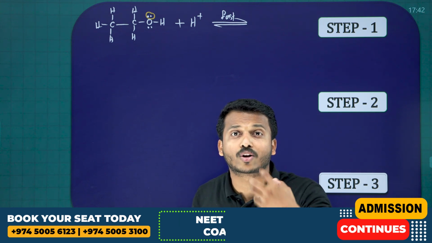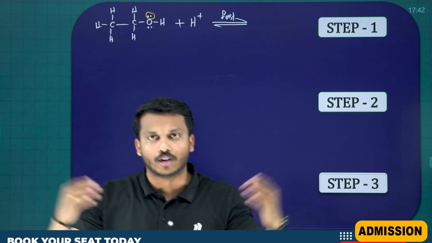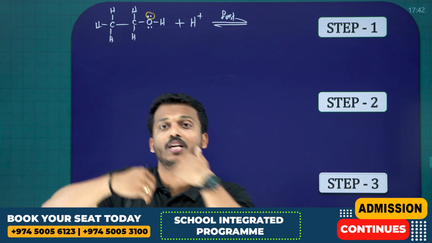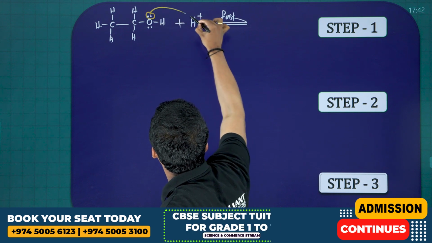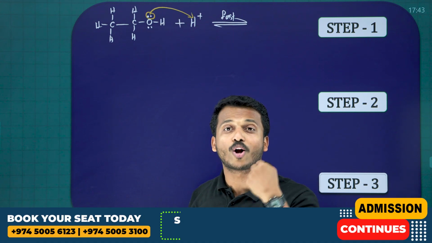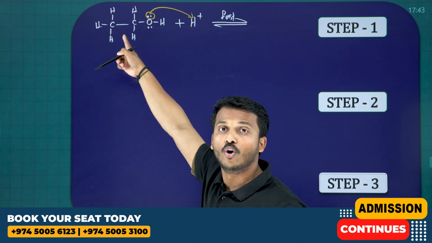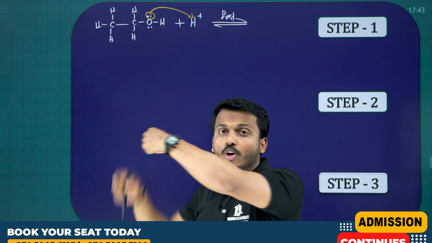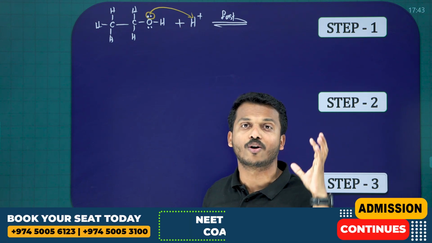Lone pair means electron rich, but the plus sign indicates electron deficient. Of course, an electron rich position gives electrons to an electron deficient position. So by giving the lone pair, oxygen will grab the H plus. What can you call this process? Protonation of alcohol. Alcohol took the proton, which is called protonation of alcohol.